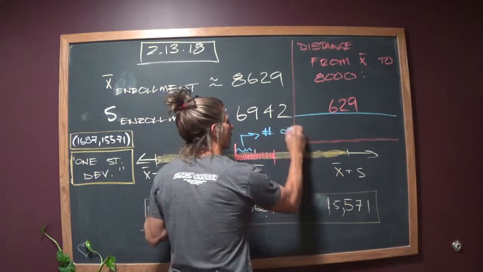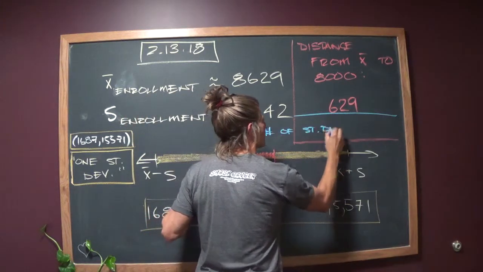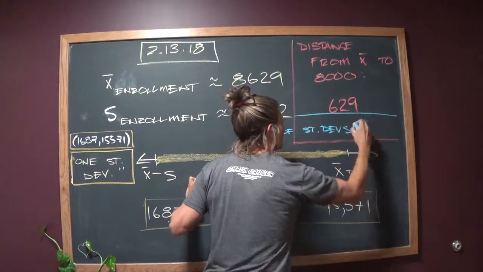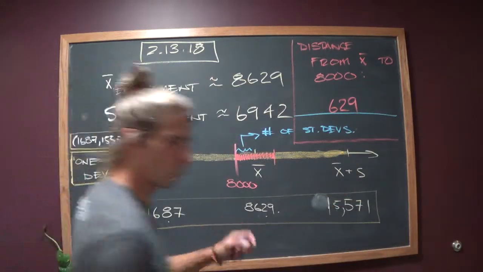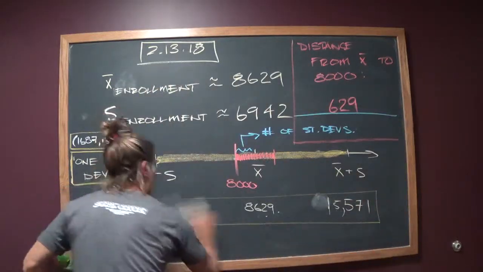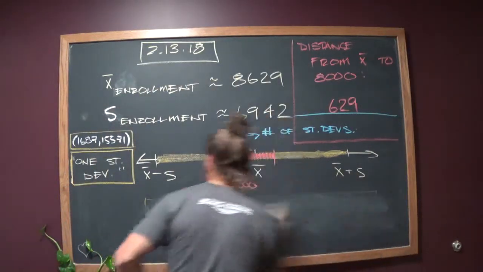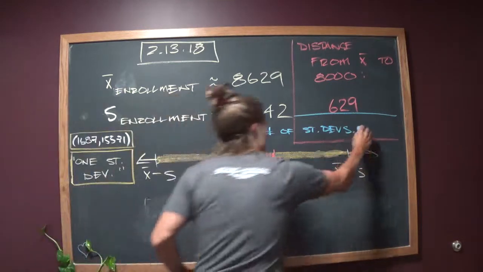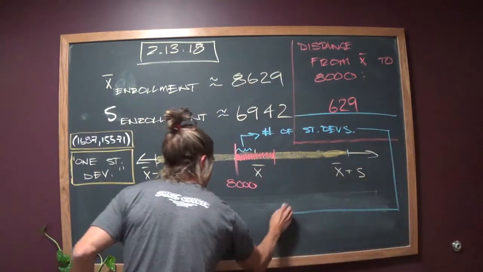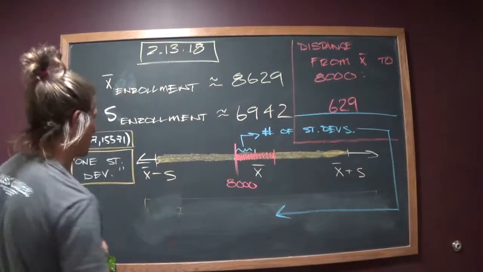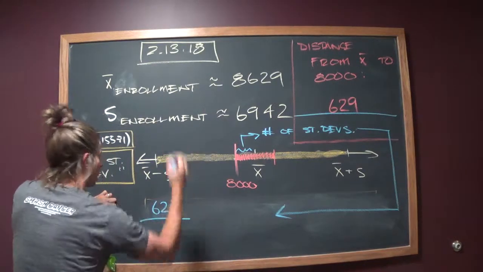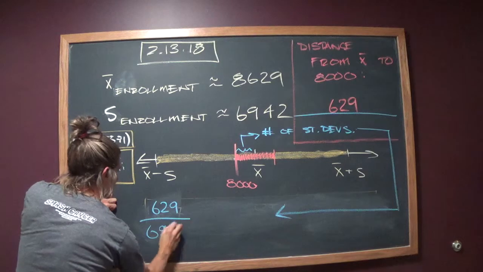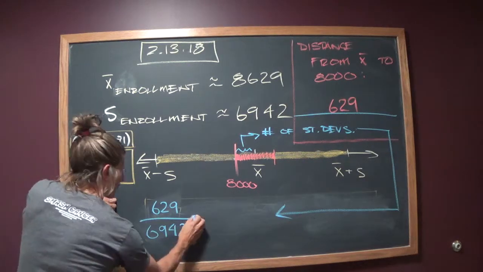Your number of standard deviations is simply going to be 629 over 6,942. For reference, I'm getting about 10%.